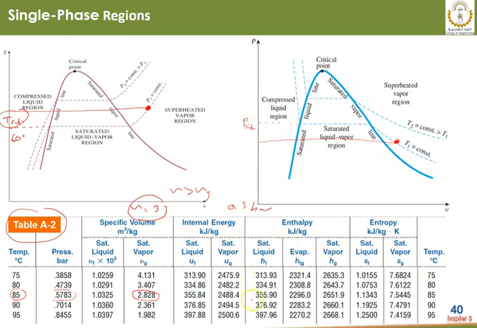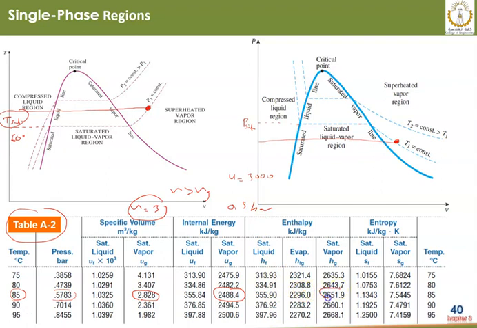The same applies if the internal energy is higher than the internal energy of the saturated vapor. For example, the internal energy of saturated vapor at 85 is 2488.4. So if the internal energy is 3000, then we should know that it's superheated.